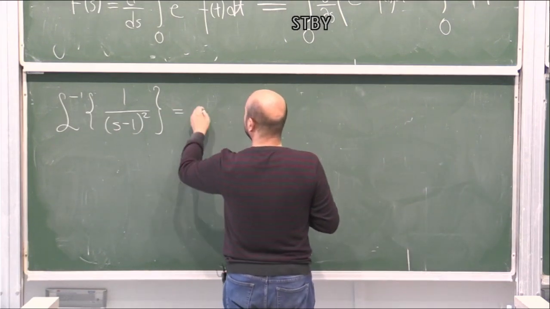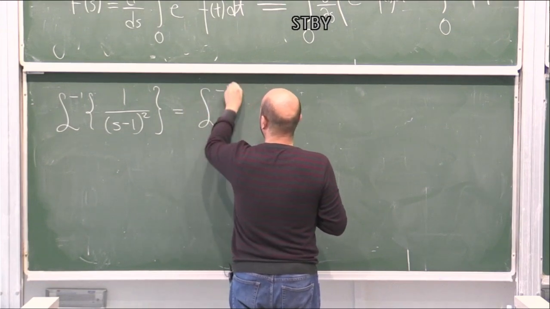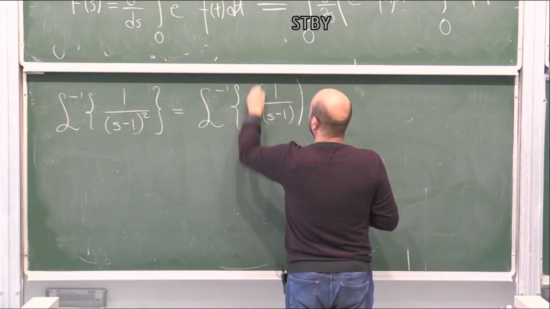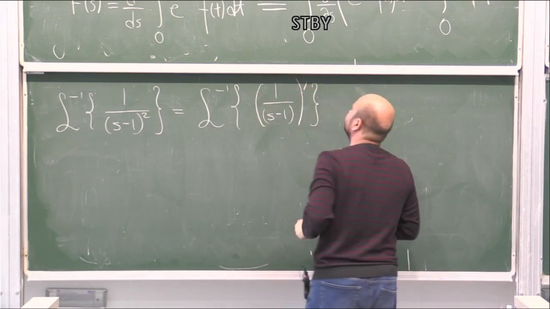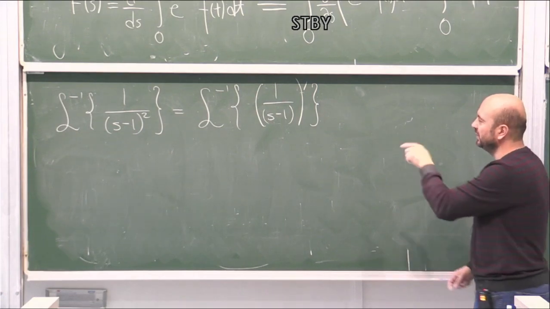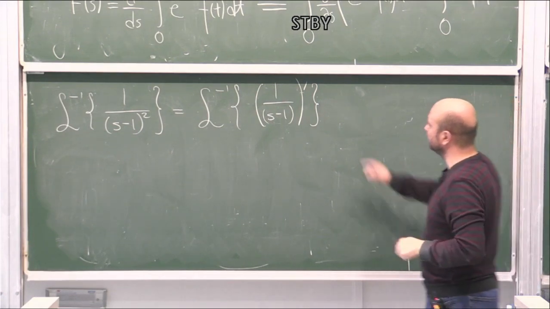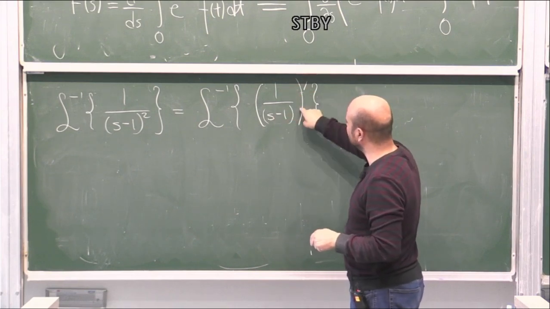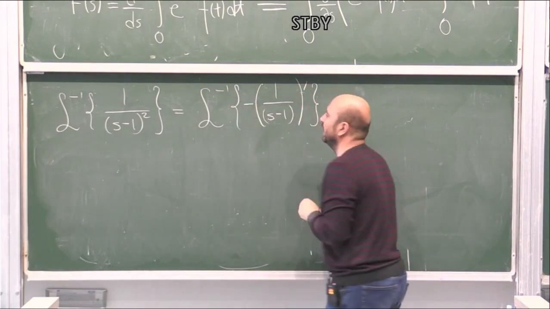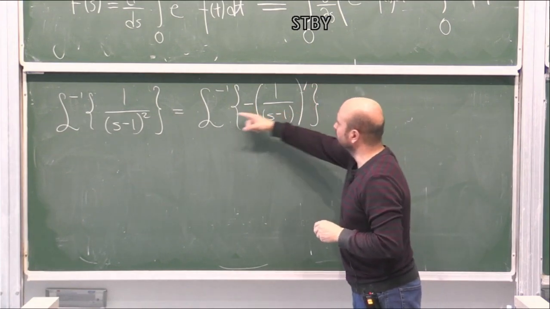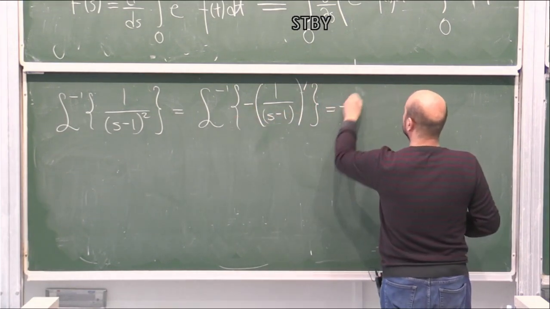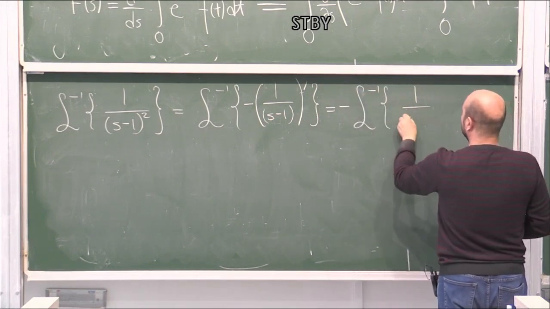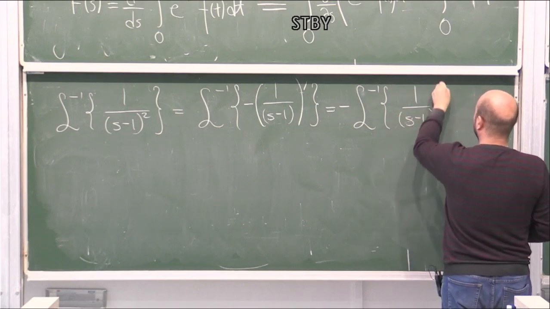So what we have here is the inverse of the derivative of 1 over s minus 1. Be careful, I'm taking the derivative not in the time domain, I'm taking the derivative in the s domain. If you compute this derivative, you get 1 over s minus 1 squared with a minus. So I can put the minus out.